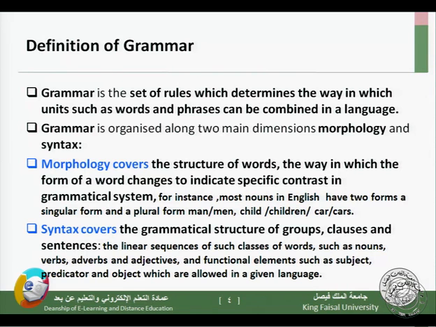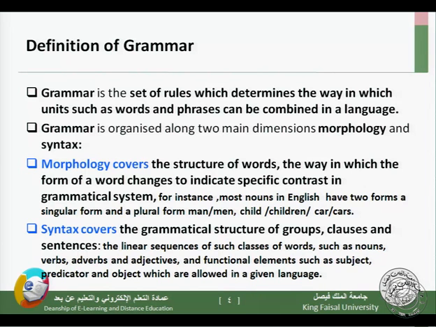Morphology. What does morphology cover? As you can see, the structure of the words. As I said, morphology really has something to do with words.